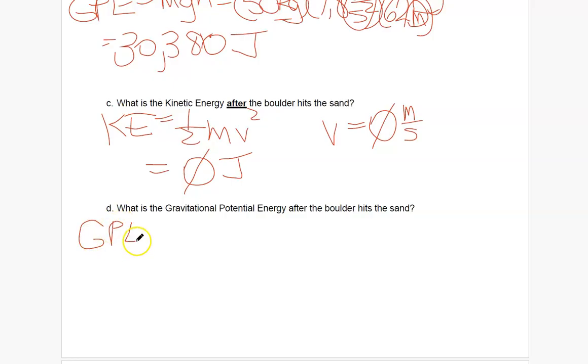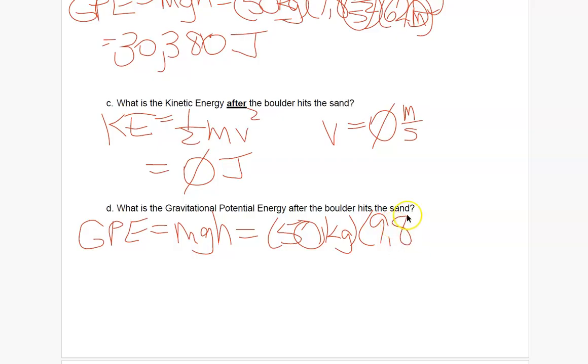As always, gravitational potential energy is equal to mgh. We know m is 50 kilograms. We know g is 9.8 meters per second squared. And we know the new h is 3 meters high. Remember, it doesn't come to ground level.